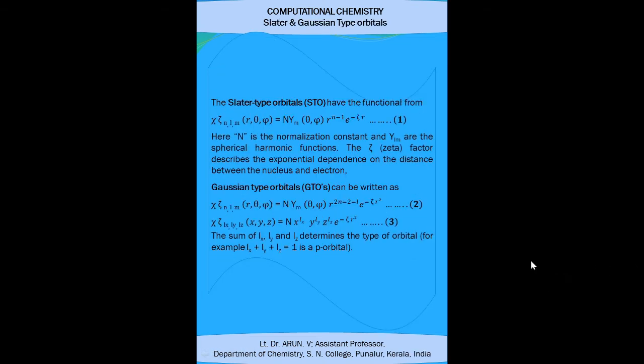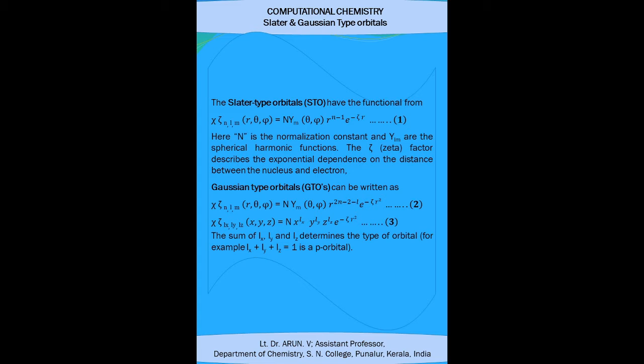The Slater type orbital has the general form chi(zeta, n, l, m; r, theta, phi) equal to N Y_lm(theta, phi) r^(n-1) e^(-zeta r). Here N is the normalization constant and Y_lm are the spherical harmonic functions. Here this zeta factor describes the exponential dependence on the distance between the nucleus and the electron.